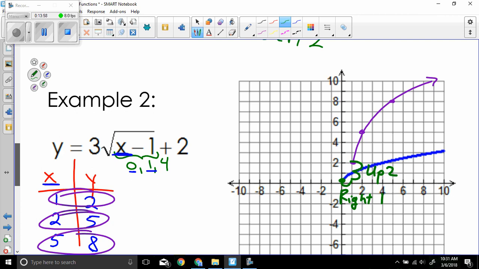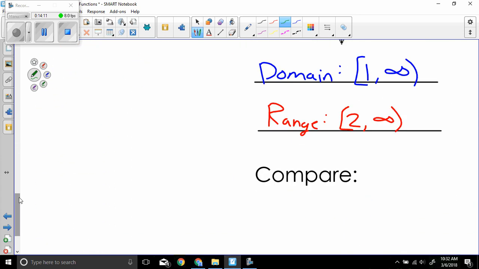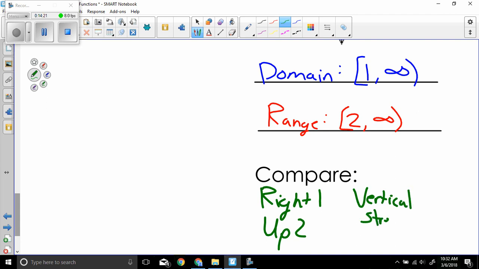It's almost like it's been stretched, in what direction? Vertically. This is a vertical stretch. So let's list out what we just did. It went right 1, up 2, and then there was a vertical stretch.